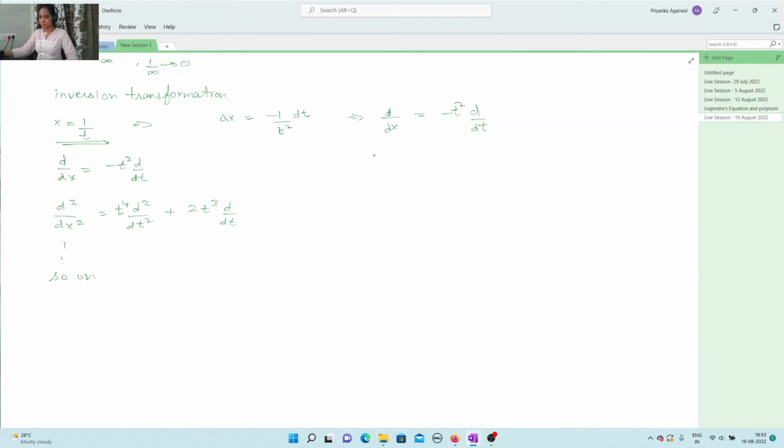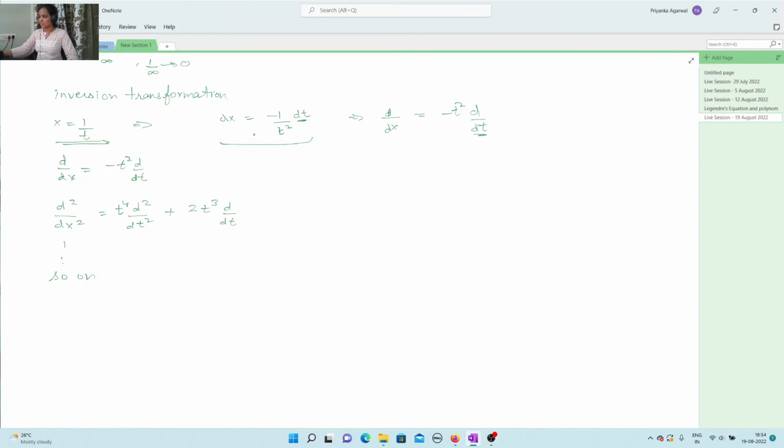Madam, it will be minus t power minus 2. Yes, ma'am, minus t power minus 2. 1 by t square will be minus t power minus 2, so this is right, right? dx equal to minus t power minus 2 dt. Yes, but here we are doing the inverse. So dt is now in the denominator, it's no more in the numerator.